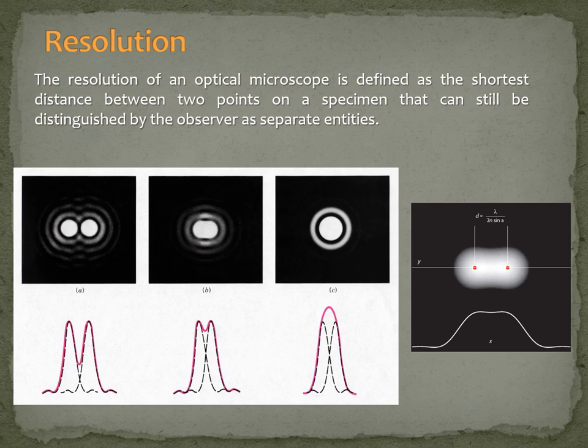To better explain what I'm trying to say, it's better to show this as an example. So two objects that are close, like these two objects, I can distinguish them as separate entities only if they are a certain distance apart.